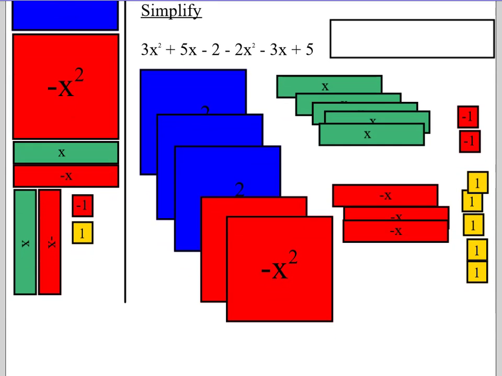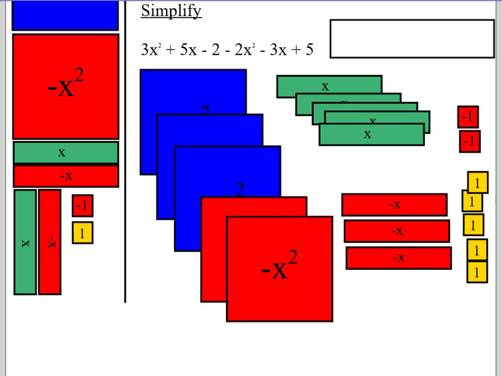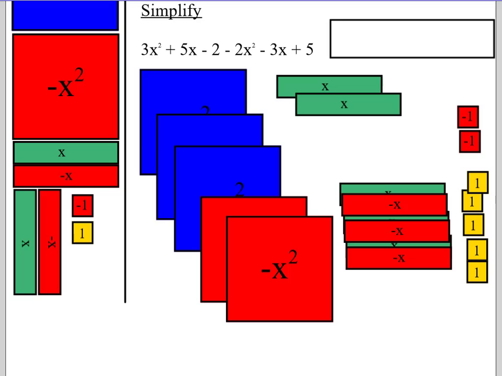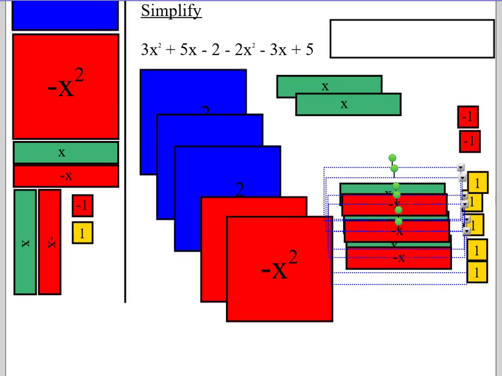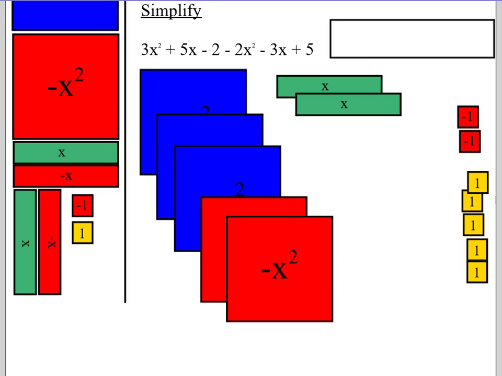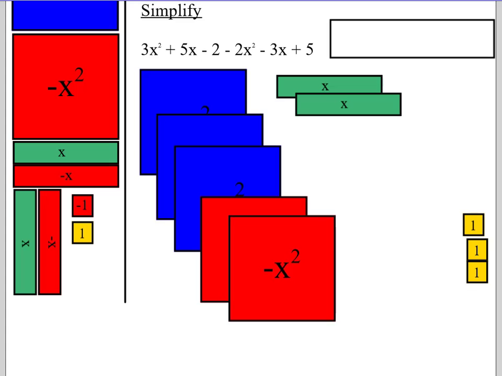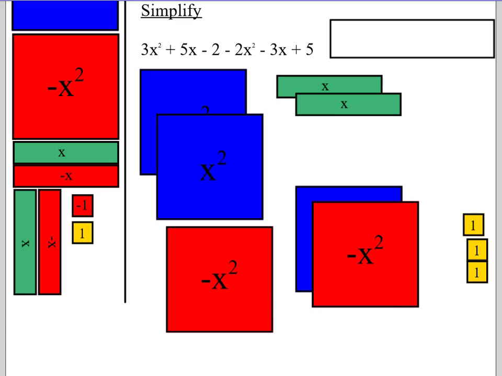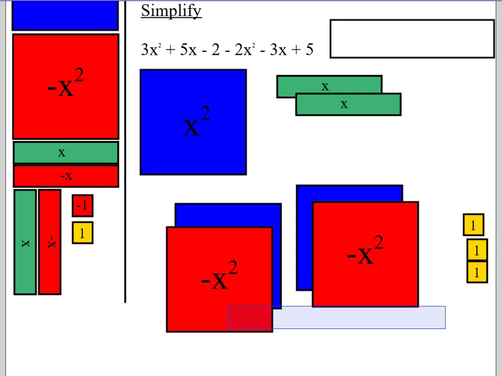Okay, so if I have these 3 x's down here, these negative x's, if I pair them up with 3 green x's, all of these guys right here zero out and cancel. If I take these 1s they zero out and cancel. If I take these x squared terms, they will zero out and cancel as well.